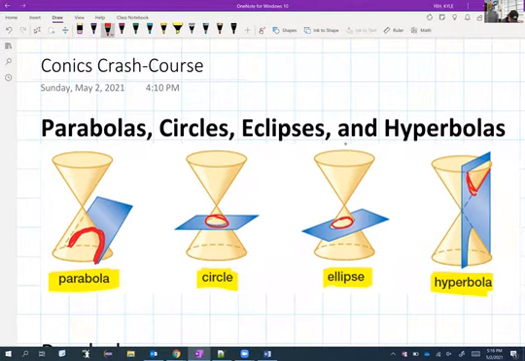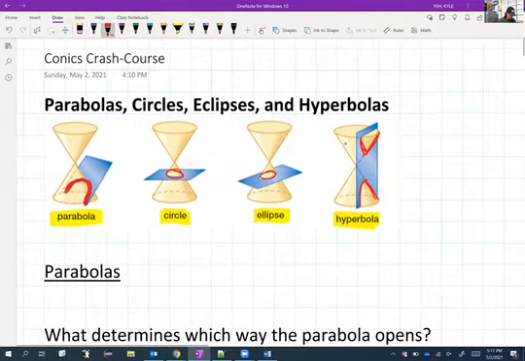You slice this double-sided cone, and you can see it's going to create what up close almost look like two parabolas facing away from each other. They're actually not parabolas, but a two-part graph known as a hyperbola. So conic sections are created by slicing a cone at different angles, different parts of the cone. And this is the order that we're going to go through them. So let's start with parabolas.